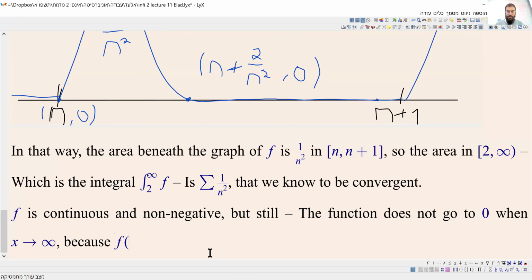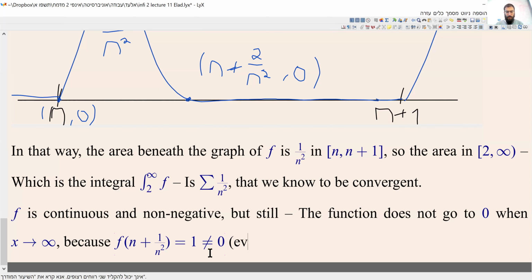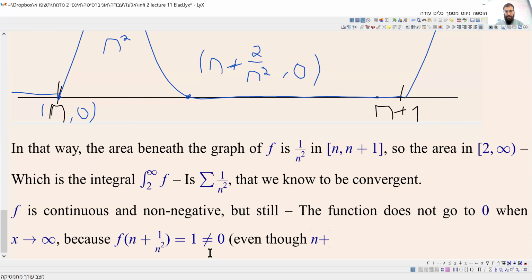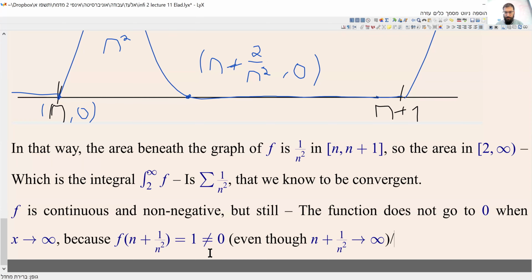Because f of n plus 1 above n squared is 1, which is not 0, even though n plus 1 above n squared goes to infinity.